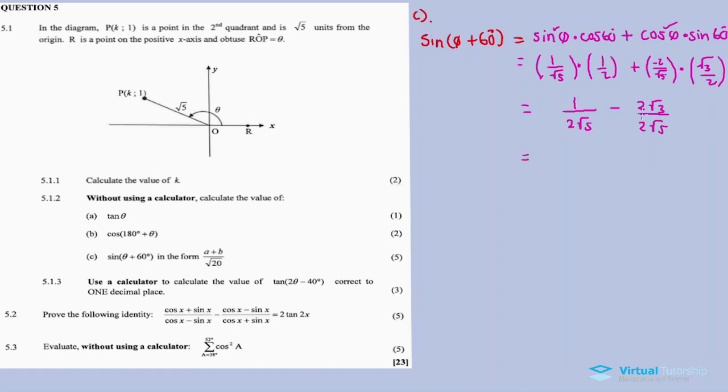This is equal to, therefore since our denominators are the same, I can just subtract our numerators. So it was 2 square root 3 divided by 2 square root 5.